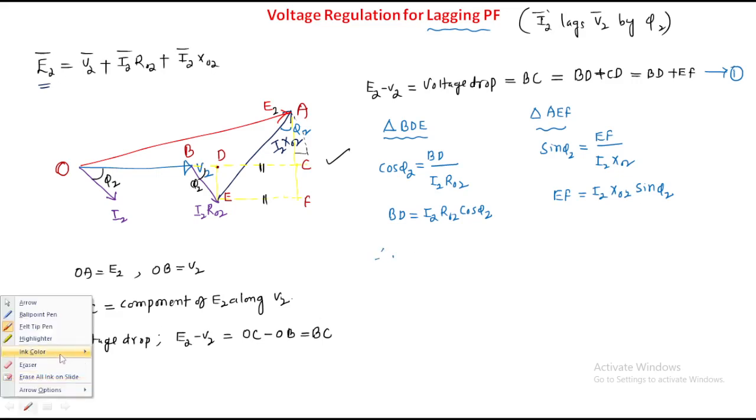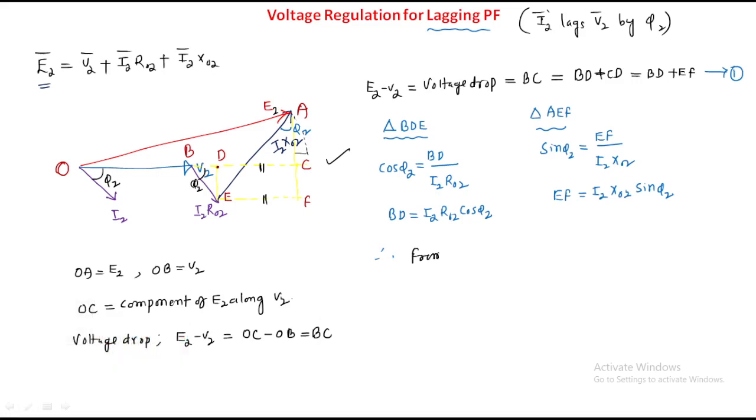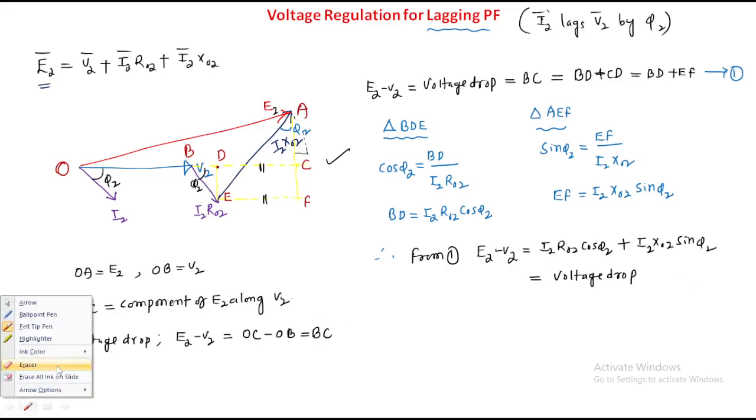Then we have to substitute BD and EF in this equation. Therefore, from equation 1, E2 minus V2 is equal to, in place of BD we write I2 R02 cos phi 2, plus, in place of EF we write I2 x02 sin phi 2. This is the voltage drop in transformer during lagging condition. Then what is the formula for voltage regulation?